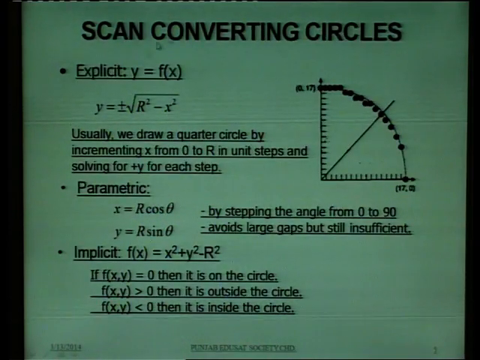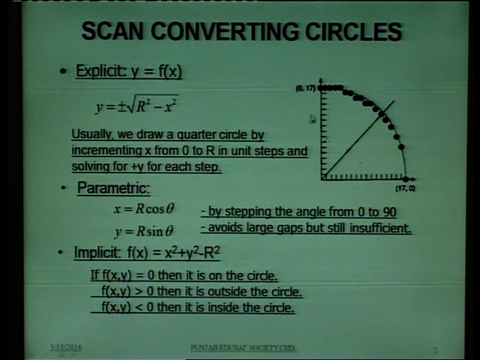Next comes scan converting a circle, another method to find the drawing of the circle. Explicitly, if y is a function of x, then y will be equal to plus or minus the square root of r square minus x square.